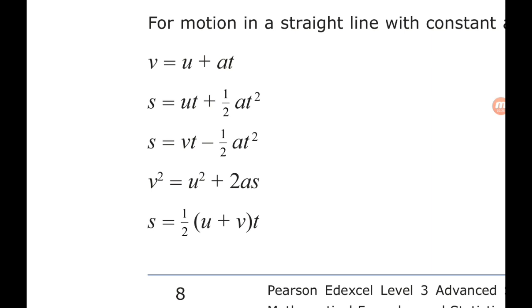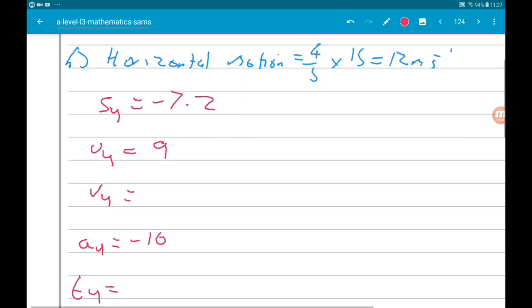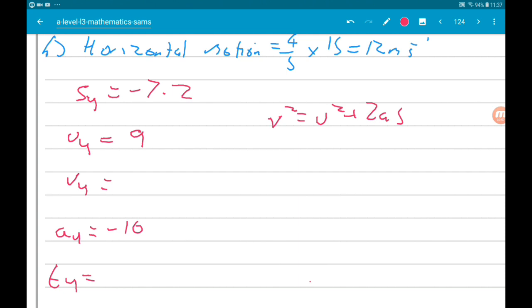So, v squared is u squared add 2as. This looks very nice. So, that means then that v squared is 9 squared 81 add 2 times minus 10 times minus 7.2. So that's going to be positive 144.